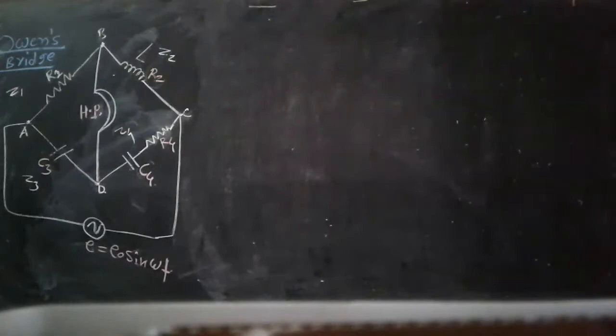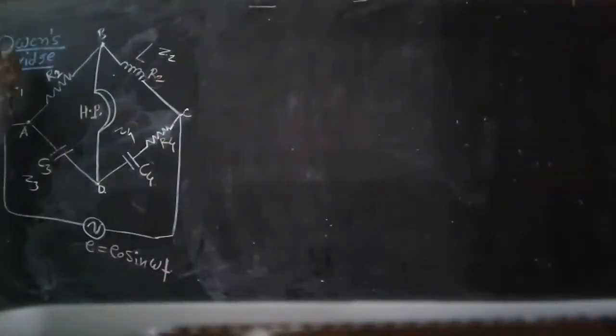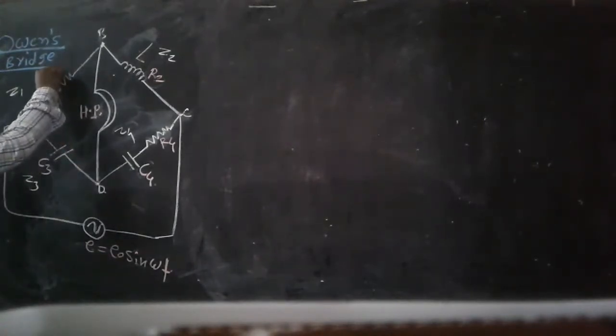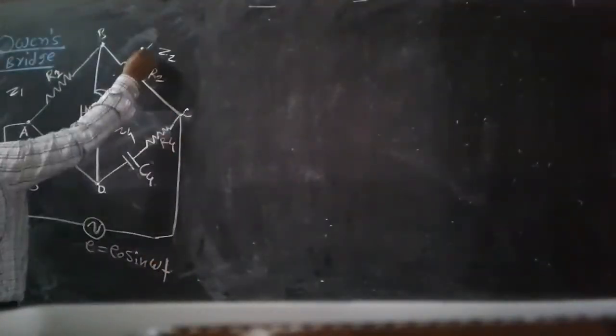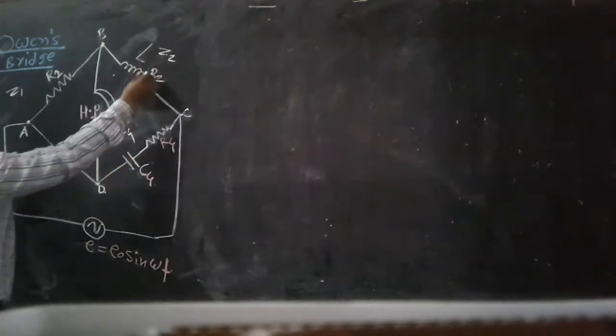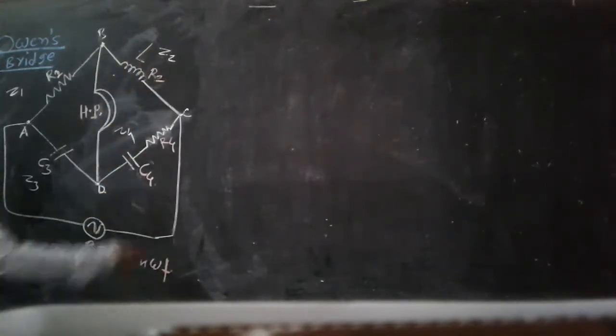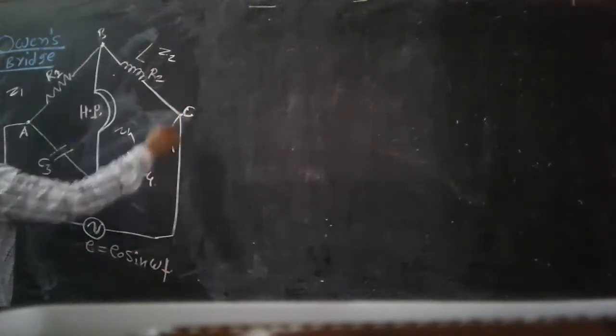So this is the circuit diagram for connection of Owen's bridge. First, resistance R1 is connected in the arm AB. Inductive coil L having resistance R2 is connected in the arm BC.